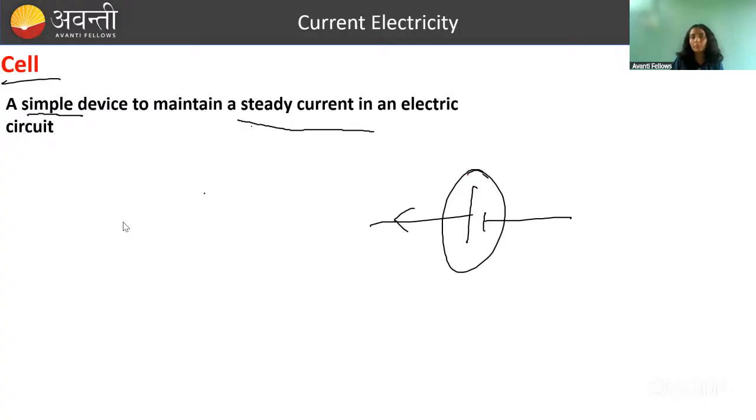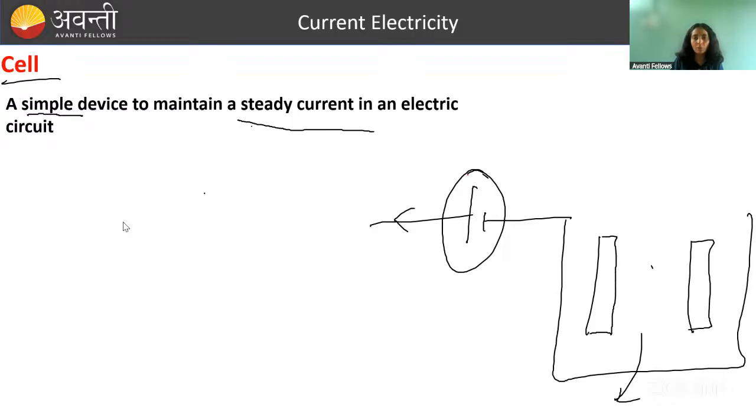So सेल में अगर तुम लोग थोड़ा भी पढ़े हो, you must be having an idea that there are two electrodes, and between them there is one electrolyte sort of thing, right?